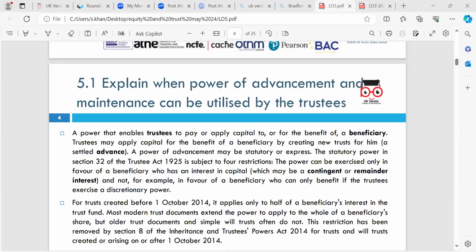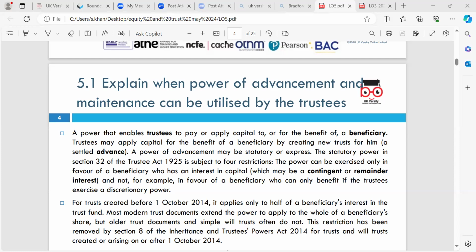This power allows trustees to apply capital for the advancement or benefit of any person who has a vested or contingent interest in the capital of the trust fund. So previously, this power could only be used to advance up to half of the beneficiary's interest.